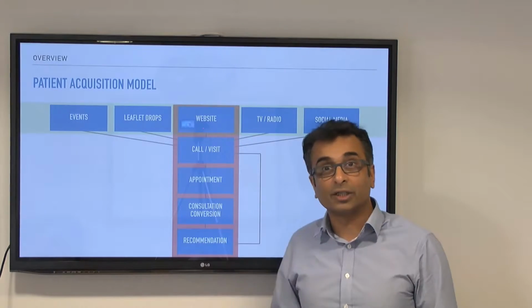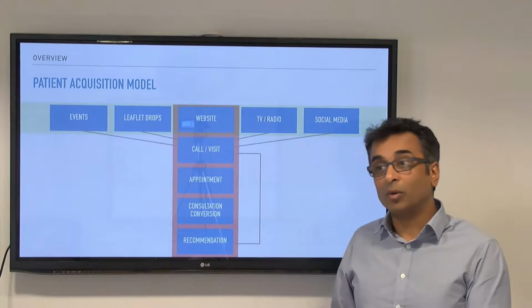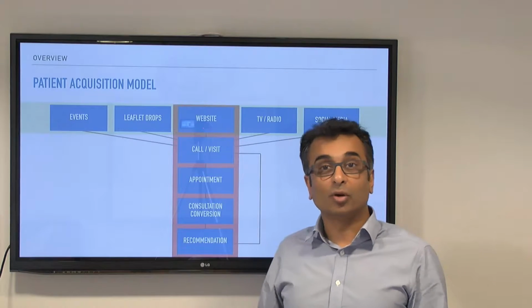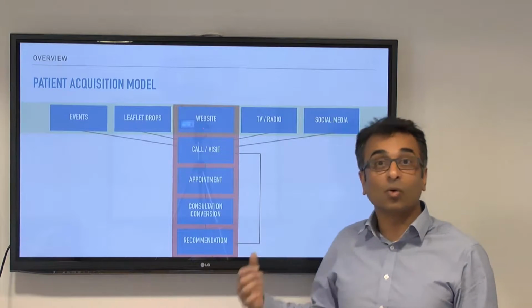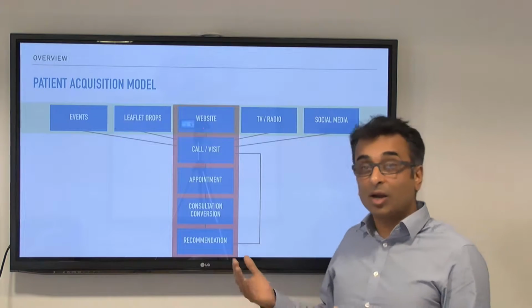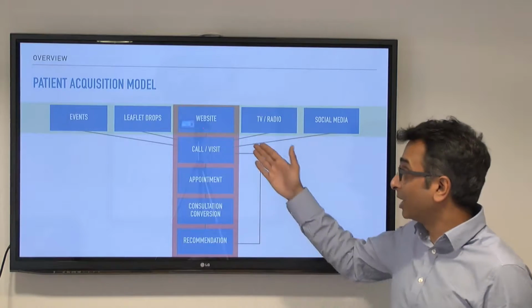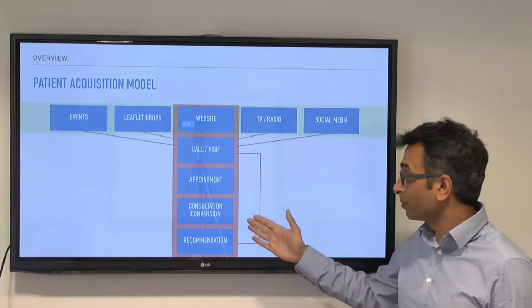Within an optometry practice, that conversion rate would be defined as, for example, adoption of a particular product or service, be that contact lenses or purchasing spectacles, and that conversion rate needs to be measured. In fact, all of these touch points need to be measured in terms of conversion rates.